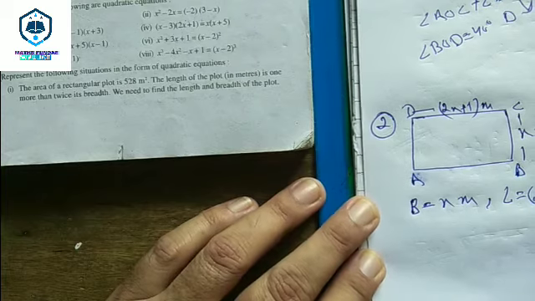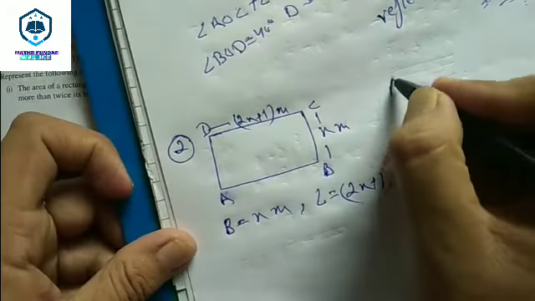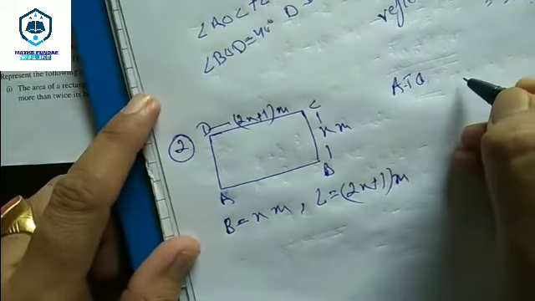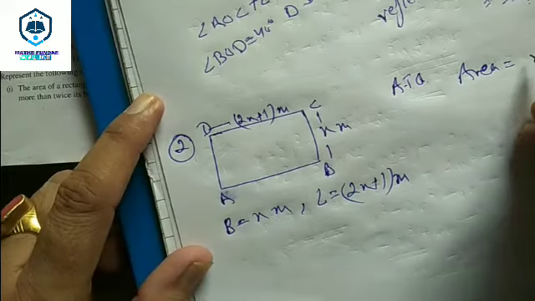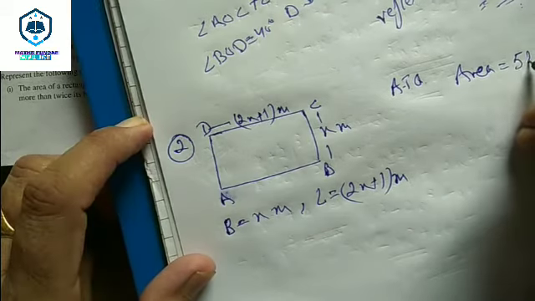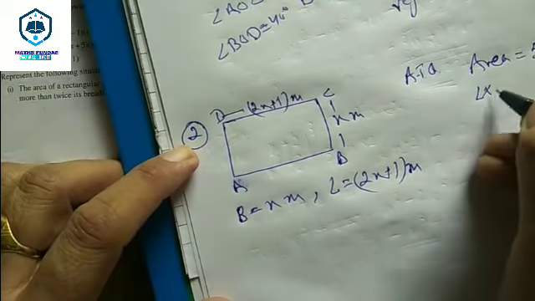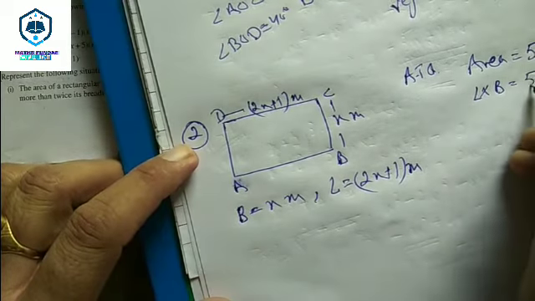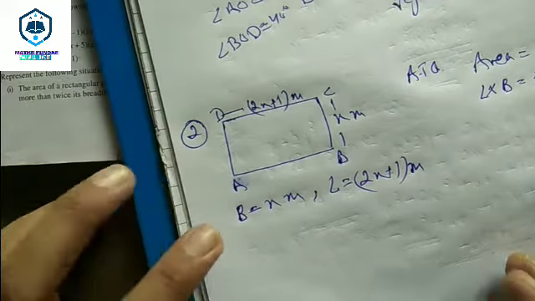Now what is given here? L is equal to 2x plus 1 meter. According to the question they are giving the area, area of rectangle, is equal to 528 meter square, and we also know that area is equal to L into B, so L into B is equal to 528 meter square.